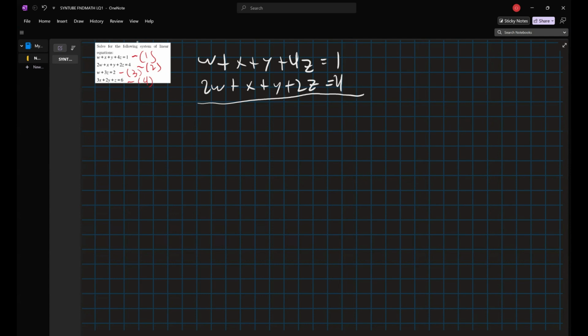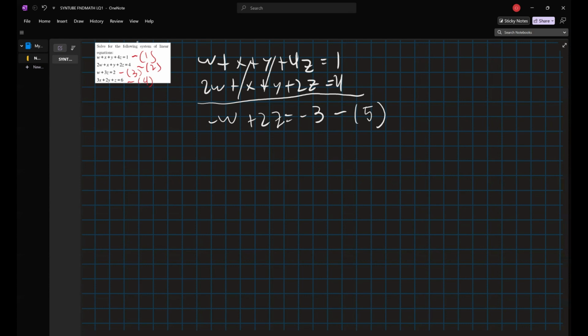That would give us negative w, x and y cancel, and 2z equals negative 3, right? So this is 2z. We can assign this as another equation, let's say equation 5, right?